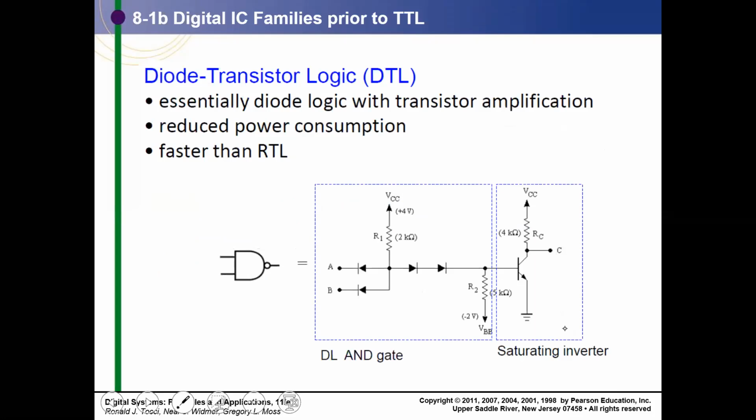Then came DTL. DTL you will see is something similar to what we had, a diode AND gate, which we had built. This much we had already built. There is an additional diode only coming up, nothing different. It is the same logic for AND diode logic. And after that, we are putting an inverter, which we did in RTL.